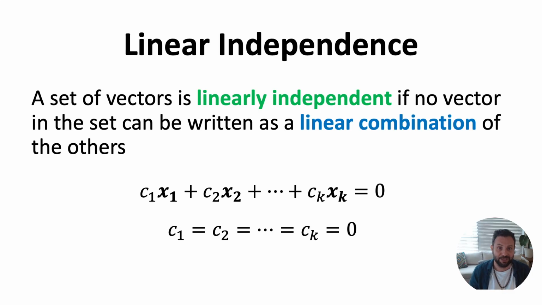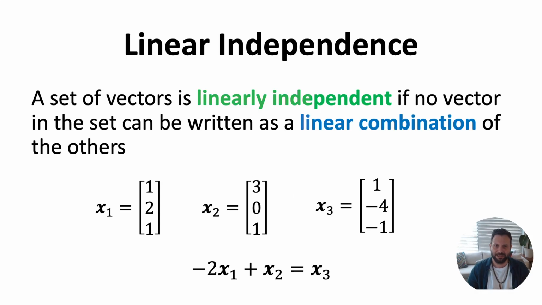I wrote a's in my notes, but it doesn't matter, it's another letter for describing the scalar. If it is the only condition for them to yield a 0 vector by linearly combining, I can call them linearly independent.